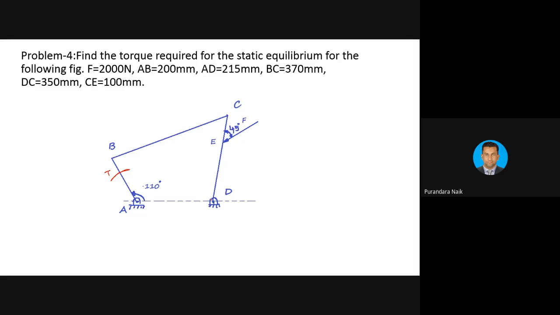Next, you know the length of BC. BC is 370, 3.7 centimeter. Cut the length. And you know the length of DC, 350, 3.5 centimeter. Cut the length. You'll get the point C. Join BC and DC.